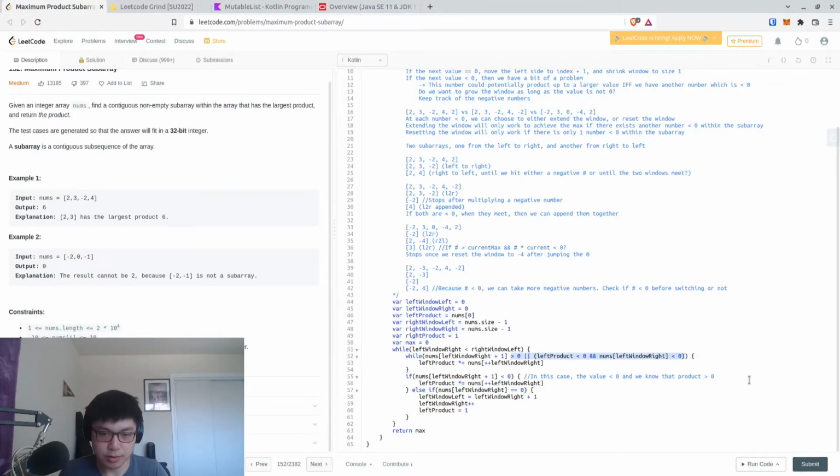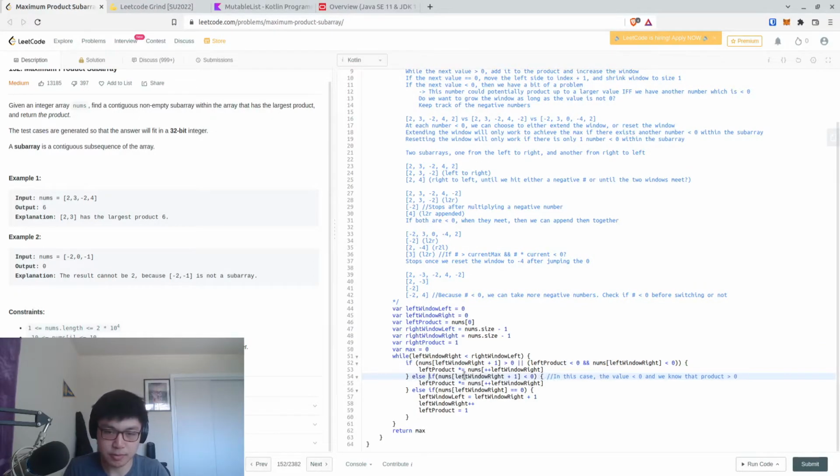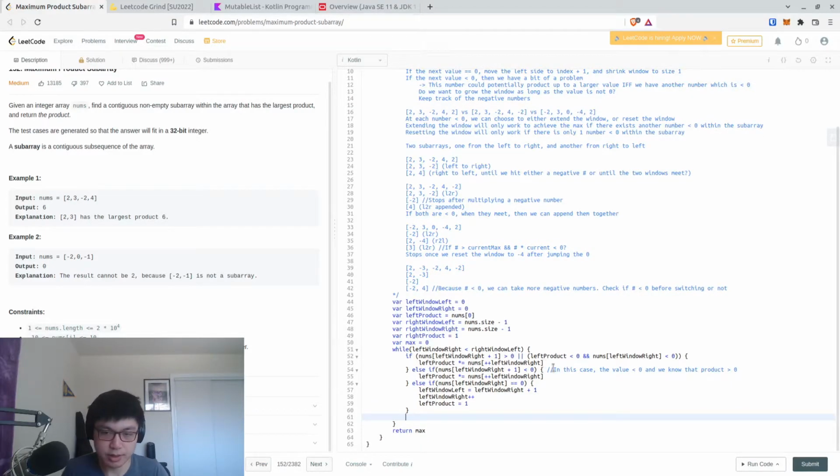Or what we can do, if we make this an if statement, then we can move here and we can say if left product is greater than max, max is equal to left product.